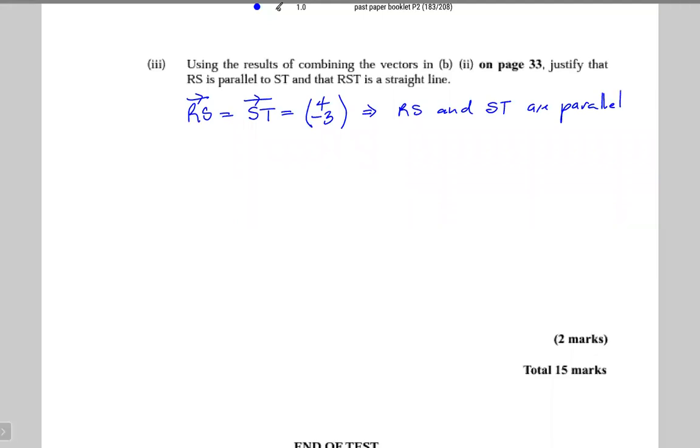because they are scalar multiples of the same base vector.